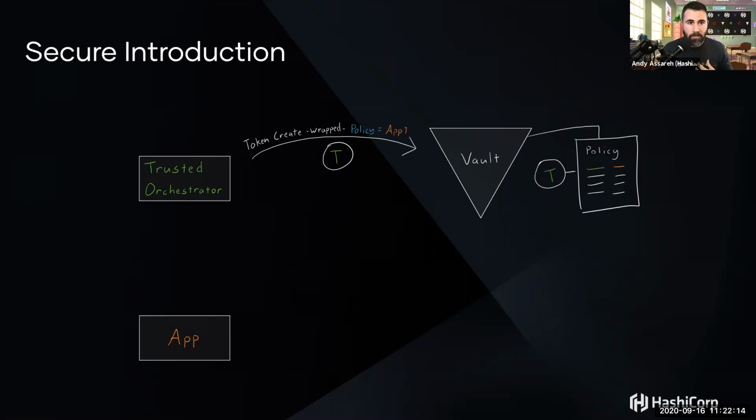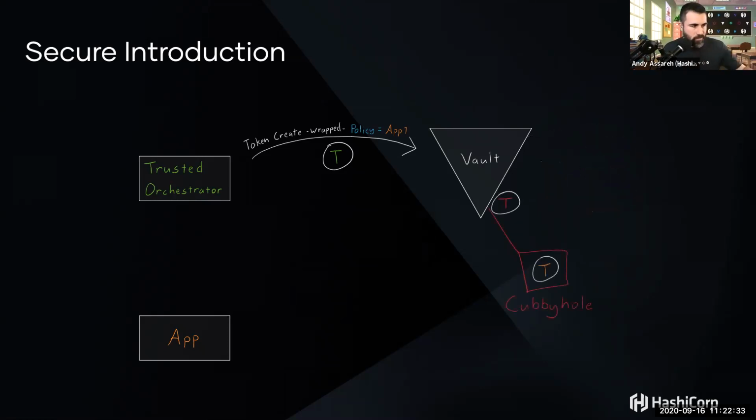I present my token that has access to generate that wrap token. It doesn't have to be, and in fact will not be, the same access as the application. So this is a separate process that enables me to securely deliver this without having access to the application's secrets. That's denoted in green.